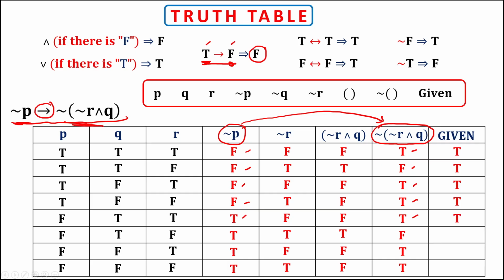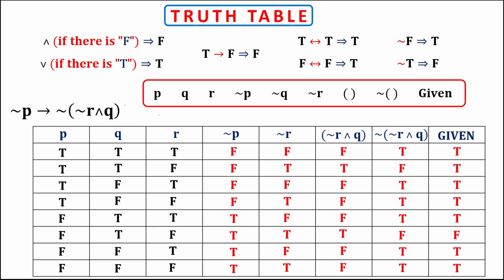This one is true. True, arrow to false. So again, T, F, or true implies false. So this one is false. This is true, arrow to true. This one is true. And true implies true. This one is also true. So this is now the truth table for this equation.